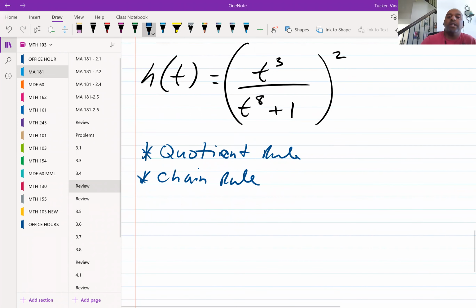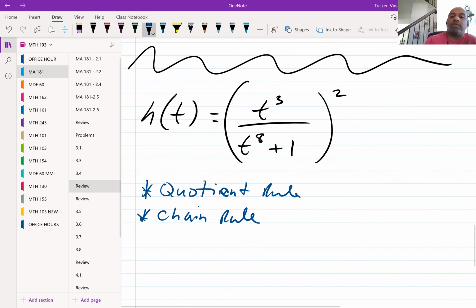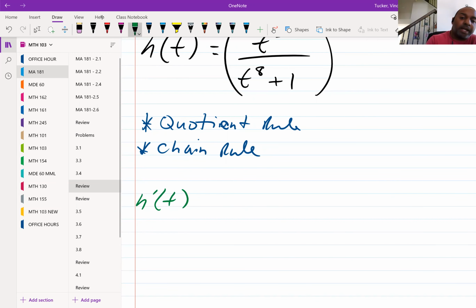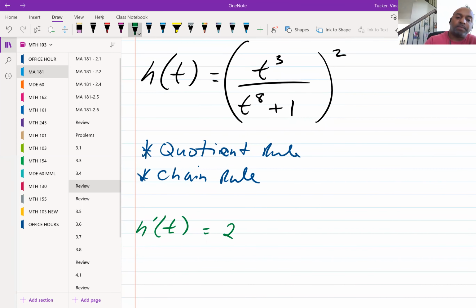We'll be all right. So when you look at the chain rule, I'll probably go with the chain rule first. We need to take the derivative of the outside and then the derivative of the inside. So the easiest part is take the derivative of the outside. In other words, recognizing that we have that power sitting out there. So we bring the 2 down and then subtract 1 from our exponent, which would just be 1.